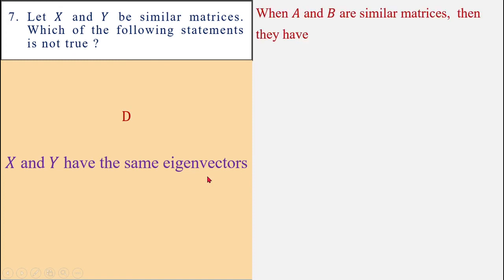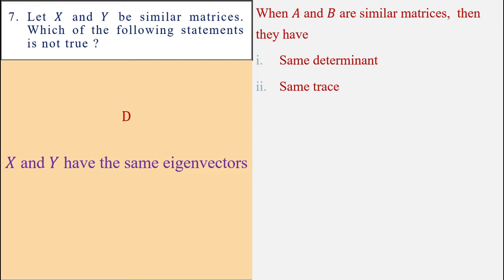The explanation is, when A and B are similar matrices, they have the same determinant. The determinants of similar matrices are equal. They have the same trace. Trace is nothing but the sum of the diagonal entries of a square matrix.